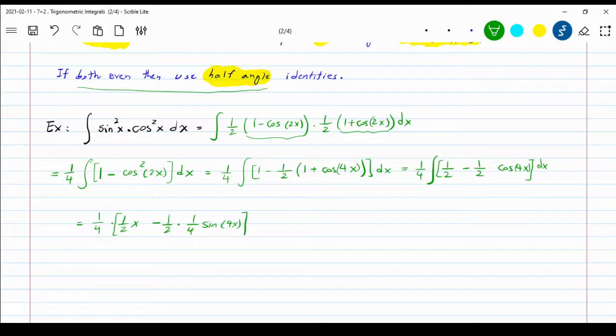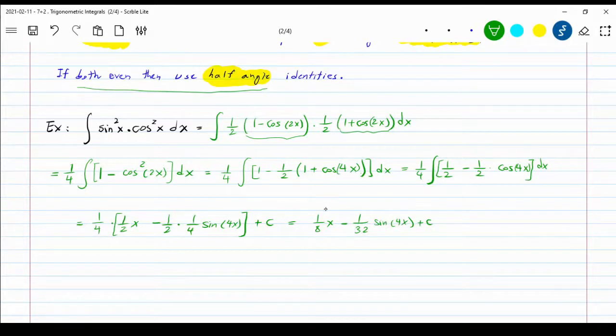And that is the integration at the end, plus some constant. You can always try to simplify: 1/8 x minus 1/32 sine 4x plus some constant.